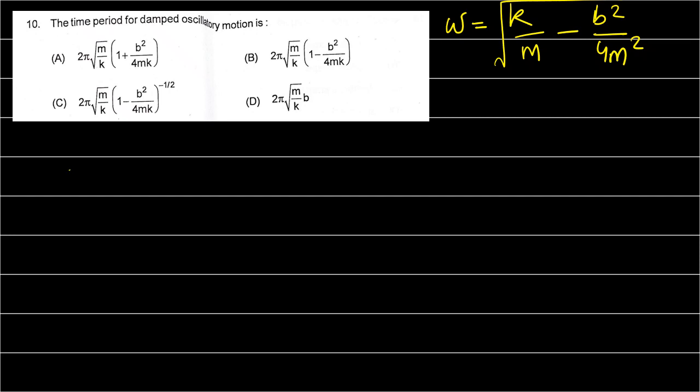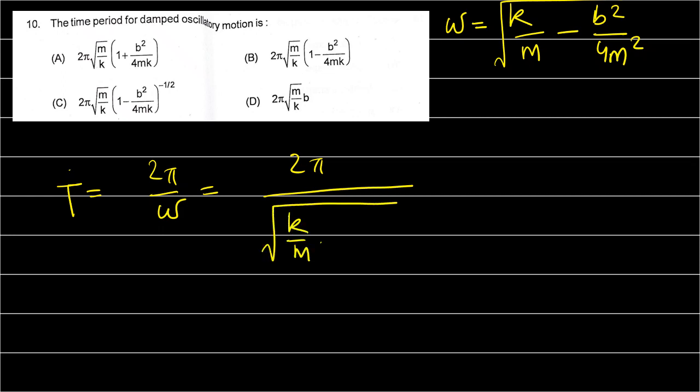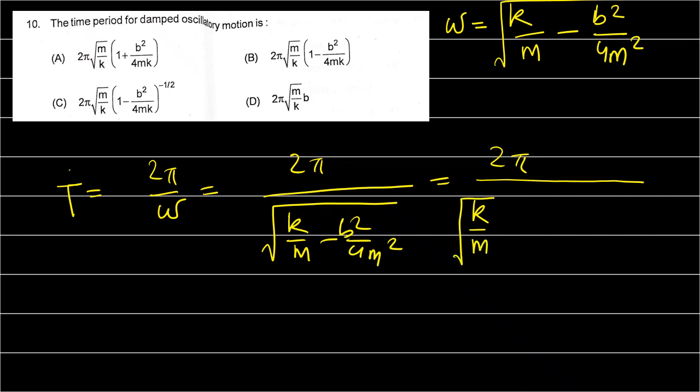Now we can easily calculate this time period T, which is 2 pi upon omega, which is 2 pi divided by square root of k by m minus b square upon 4 m squared. Now by looking at the options, we need to take common the square root of k by m from this large square root.